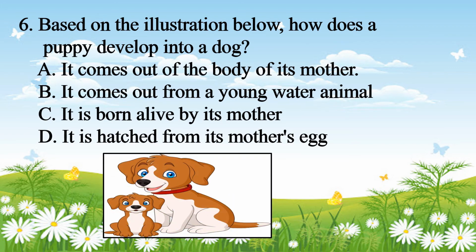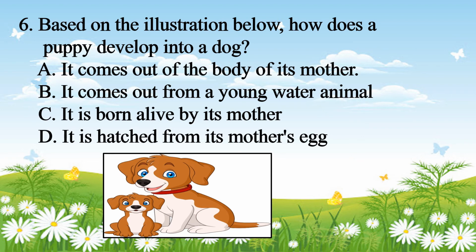Number 6. Based on the illustration below, how does a puppy develop into an adult? A. It comes out of the body of its mother. B. It comes out from a young water animal. C. It is born alive by its mother.